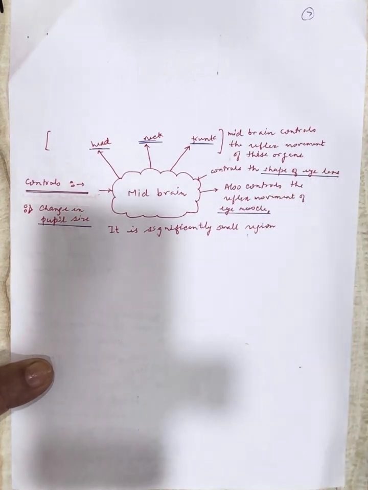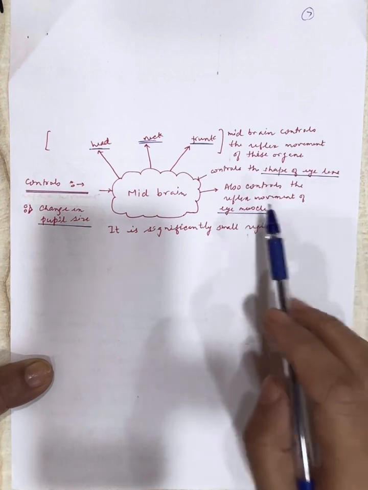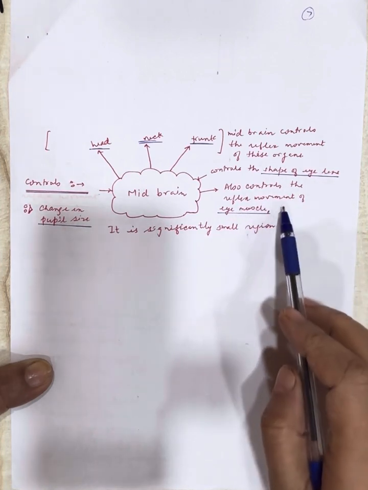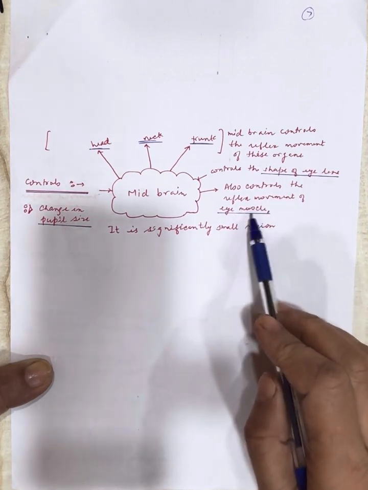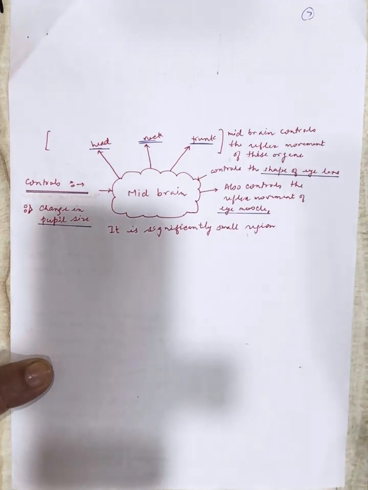While looking at things, we have to adjust the shape of our eyelids, and it also controls the reflex movement of the eye muscles, which gives us the power of accommodation. So we can see faraway objects and nearby objects as well with the same eyes.